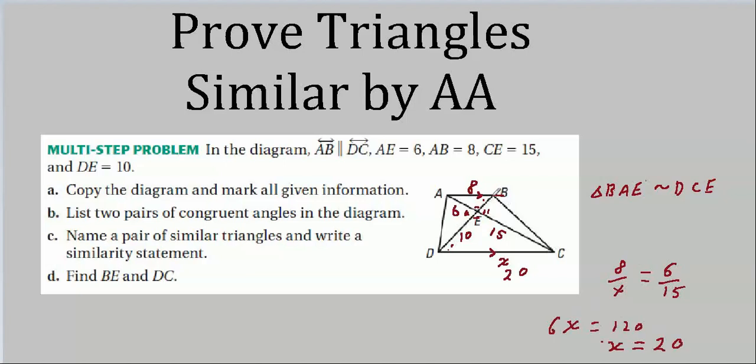Yes, they did ask for BE. And in this case, if we call BE y, then we have that y over 10 equals, now we have choices. We can use 6 and 15 or 8 and 20.